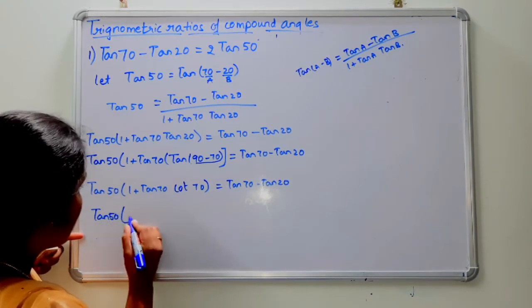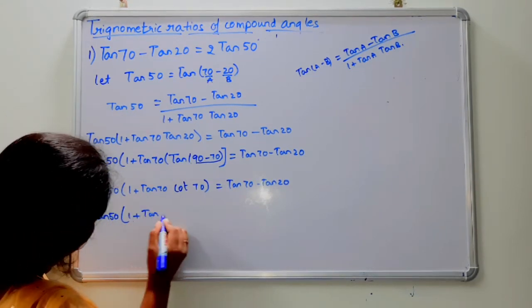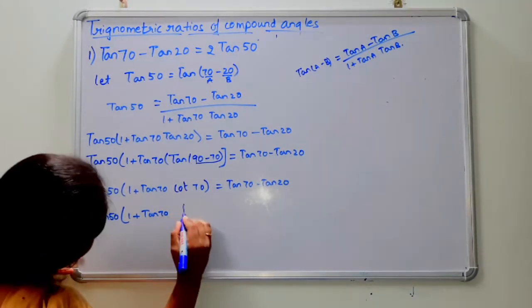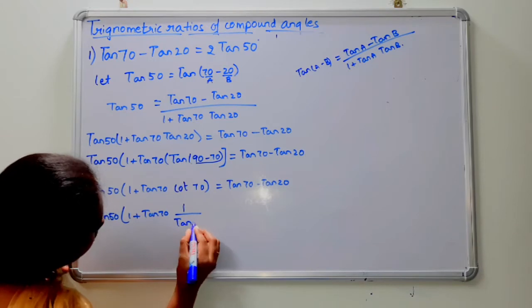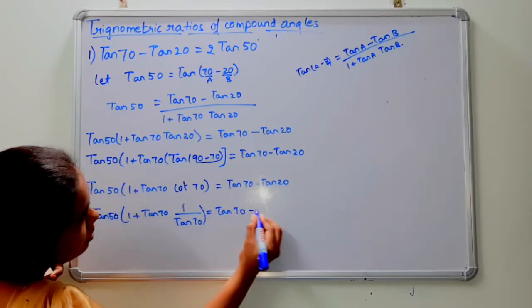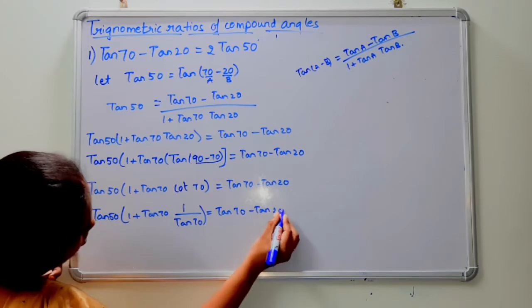We can write cot theta as 1 by tan theta. That is equal to tan 70 minus tan 20.